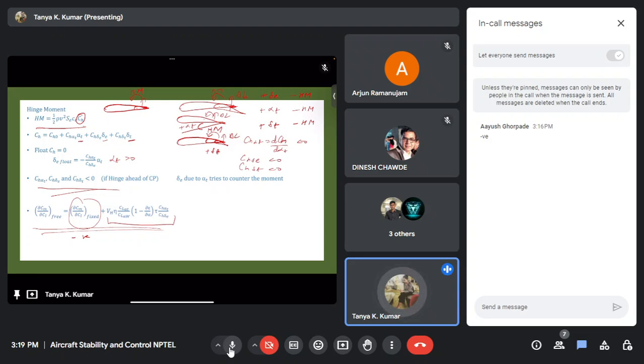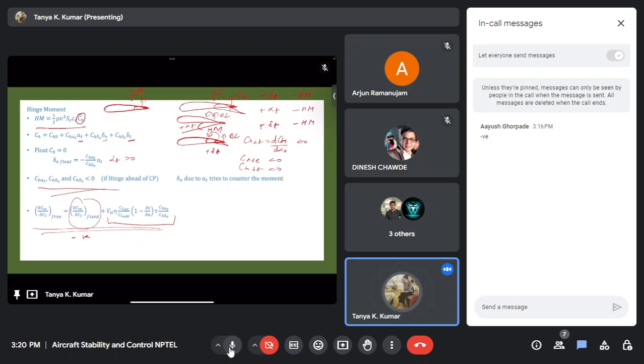So VH is positive or negative? Horizontal tail volume ratio. Is VH positive or negative?